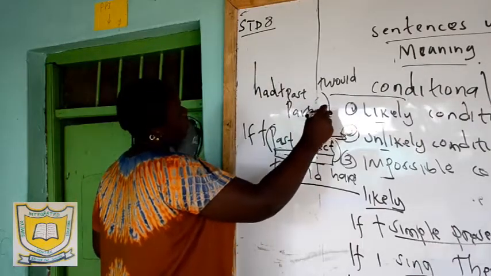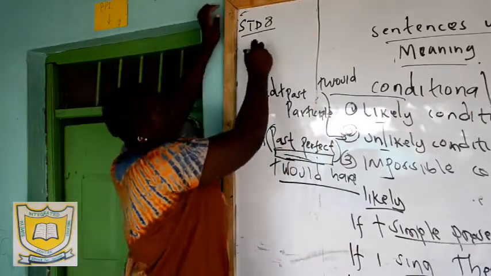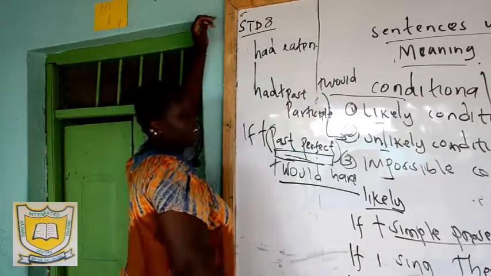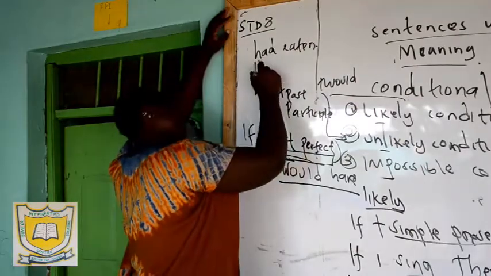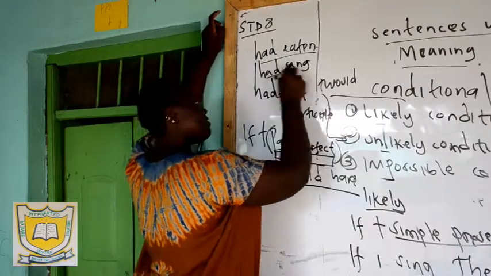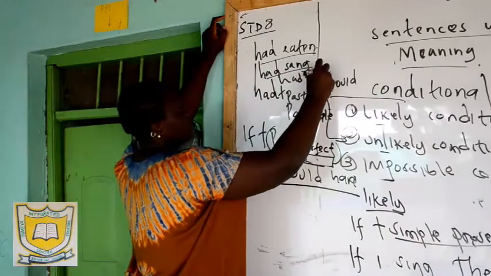And if I say a past participle, it's simply a verb in the past participle. For example, if you say had eaten, that tense is in the past perfect. If I say had sung, my sentence is in the past perfect. If I say had played, the sentence is in the past perfect.